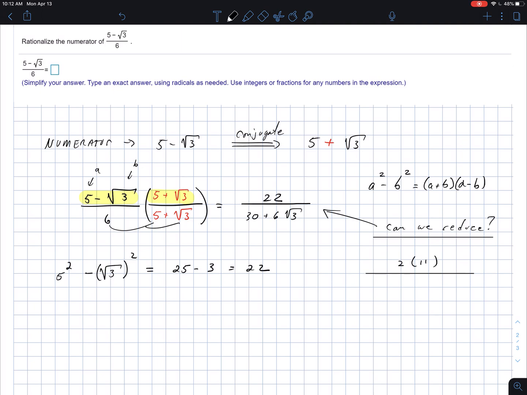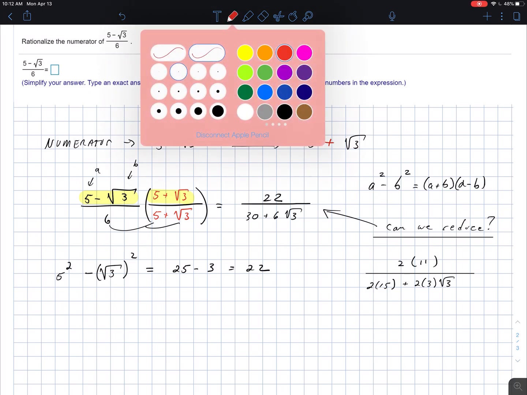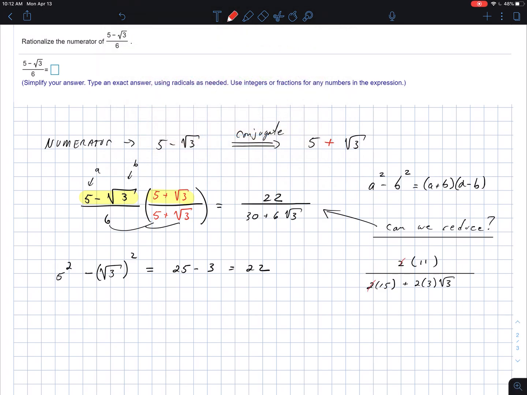I see that 2 times 15 is 30, and I see 2 times 3 is 6 root 3. Notice each one of them has a factor of 2. So it looks like if we do the reduction that we have 11 over 15 plus 3 root 3.